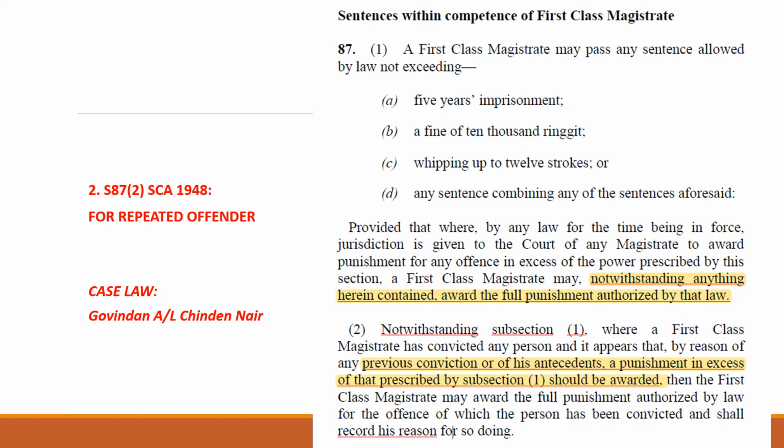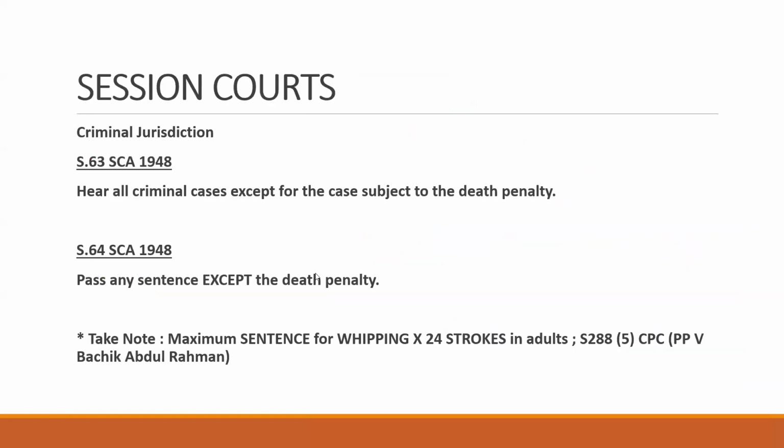The public interest element overrides the so-called law itself. Usually public interest is a very important thing in criminal justice. Okay, so next we look at session court. For session court, you have to memorize section 63 of the Subordinate Courts Act 1948.